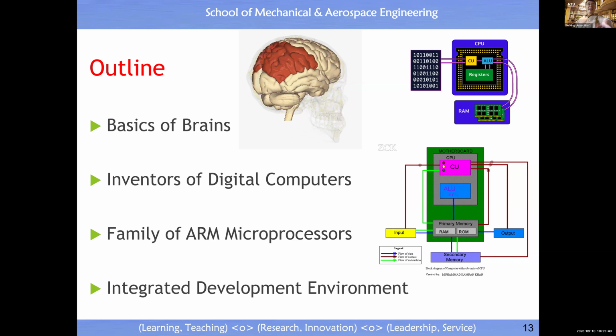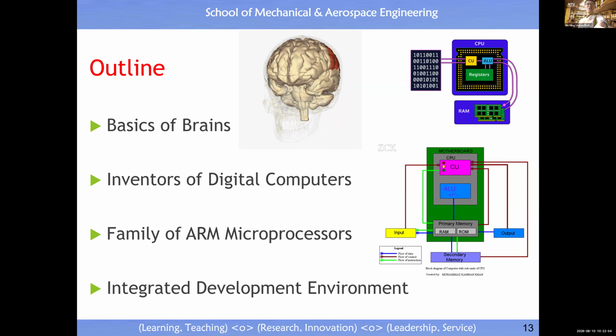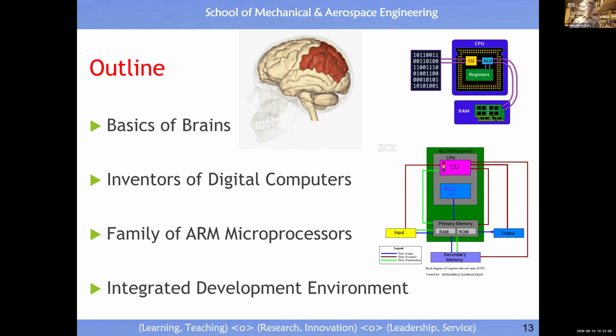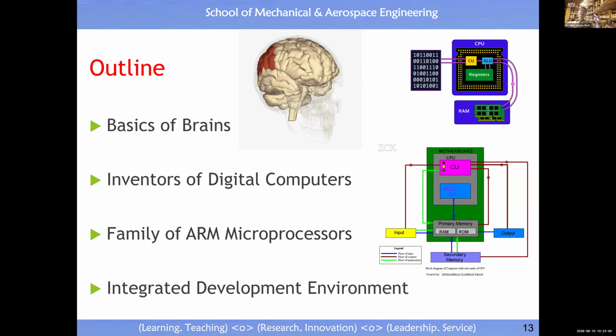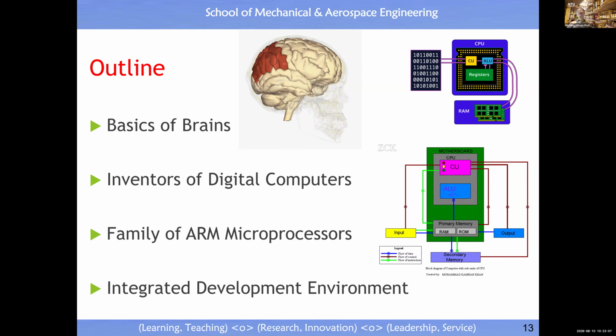And how to operate a microcontroller? Now you see we have the integrated development environment, IDE. This is a software interface for you to operate or program the microcontroller or monitor the running of a microcontroller.